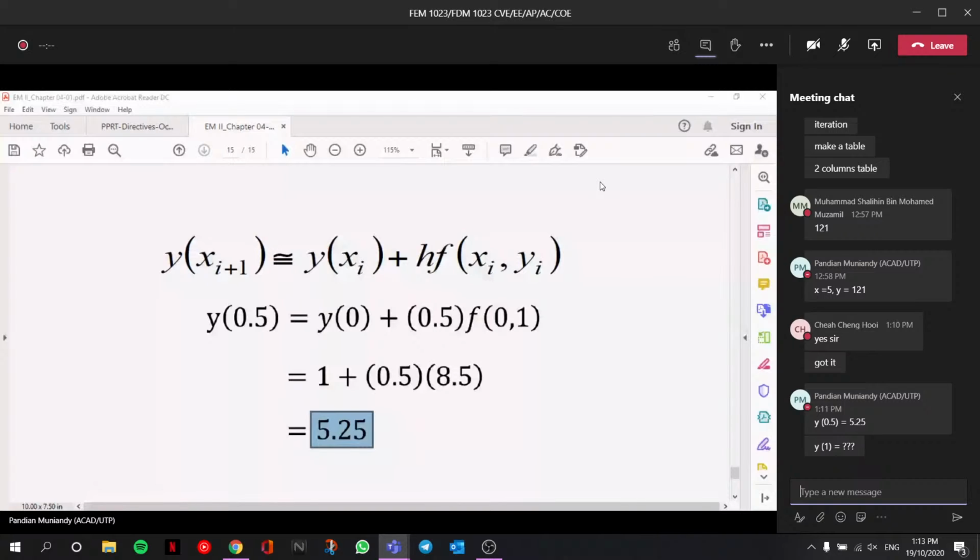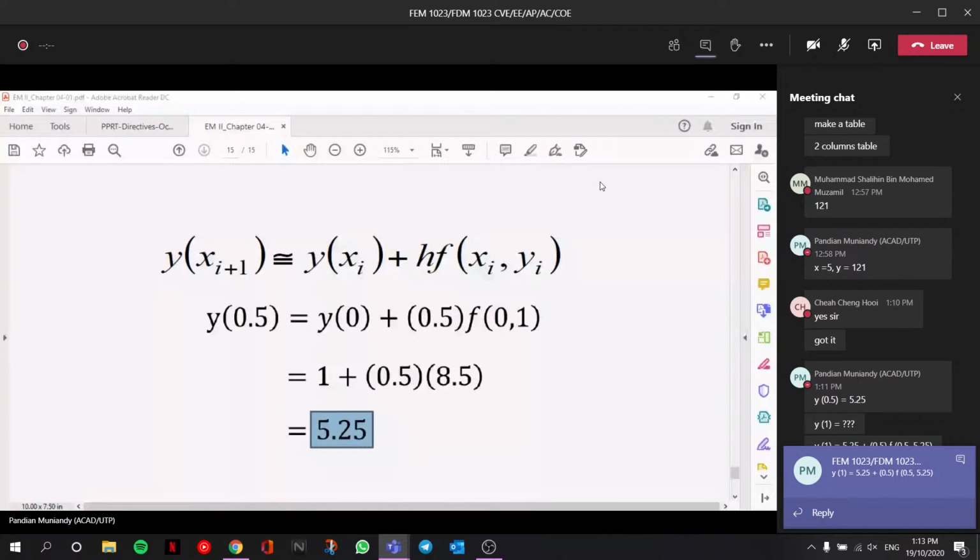So equals 5.25 plus 0.5 f of (0.5, 5.25). This is the calculation. So 5.25 plus 0.5 times f of (0.5, 5.25).